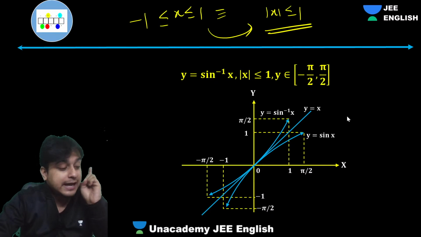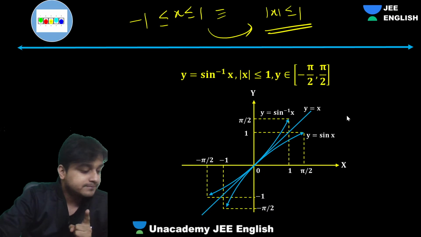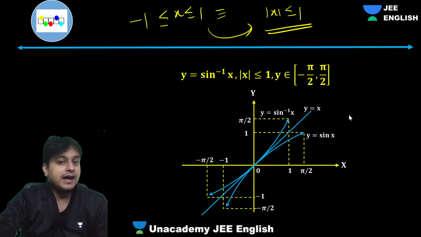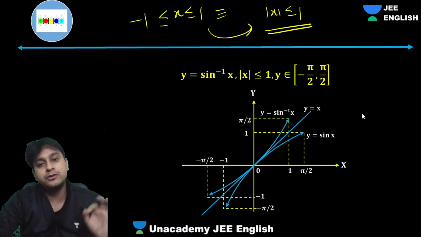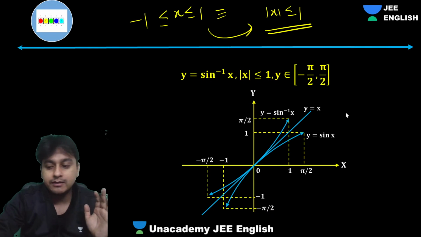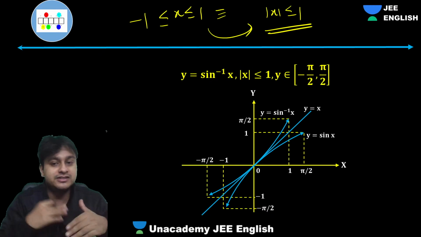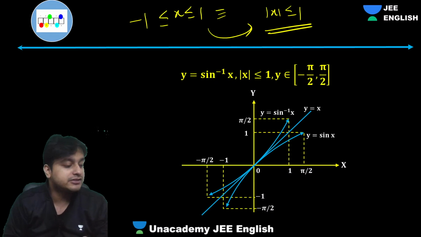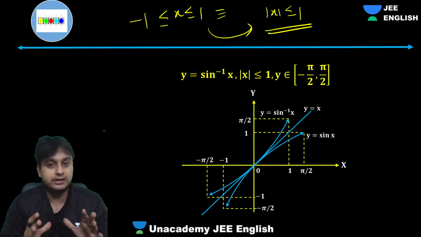I'm telling you, this is the most important lecture. If you are not attending this class with full concentration, I don't think you will be able to solve high-level problems. Everyone comes and mugs up the domain and range, and then they are not able to relate to the chapter. To relate to the chapter, you have to understand the concepts thoroughly.